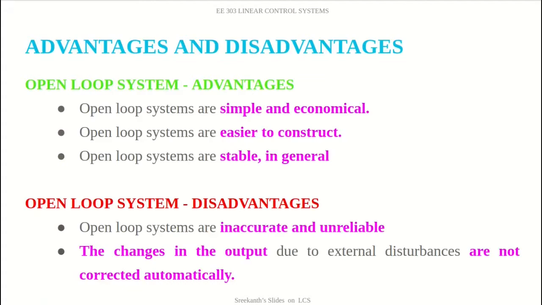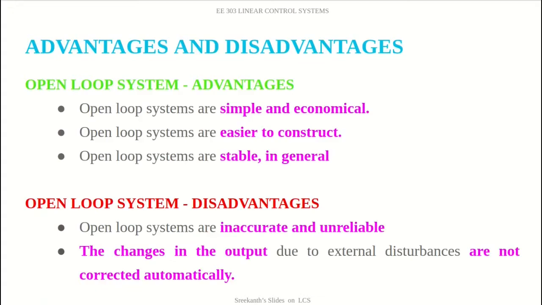Now open loop systems have their disadvantages also. One of the disadvantages is that open loop systems are inaccurate and unreliable, because if due to some external influences the output changes, we have to manually control the input to bring it back to the desired value.